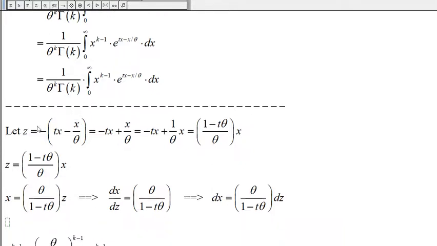And now let z be the negative of tx minus x over theta. This is negative tx plus x over theta. The common denominator is theta.